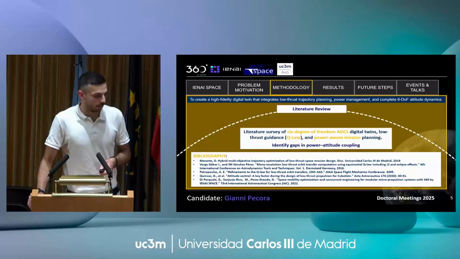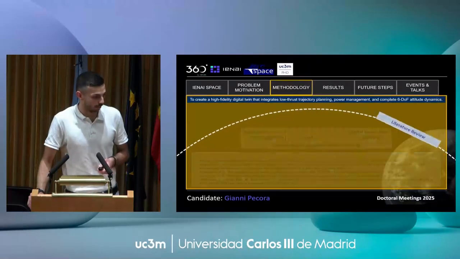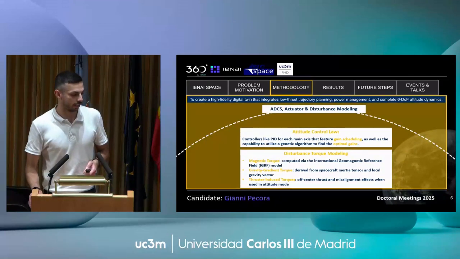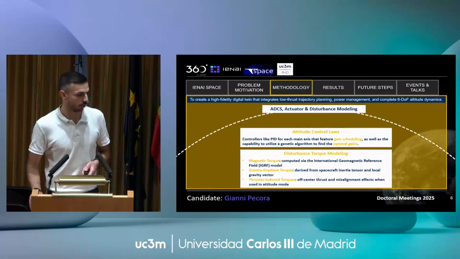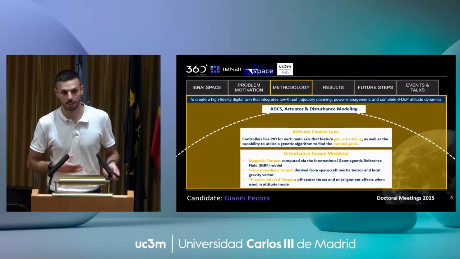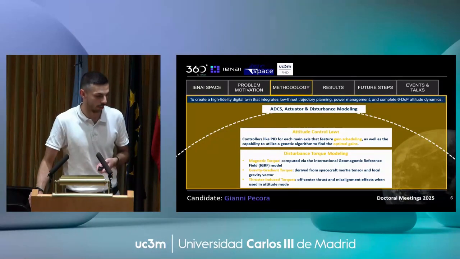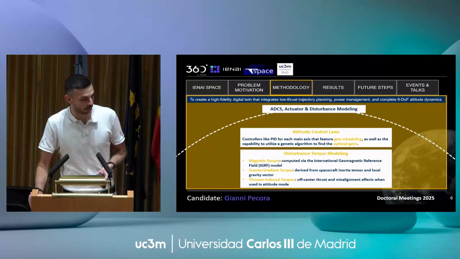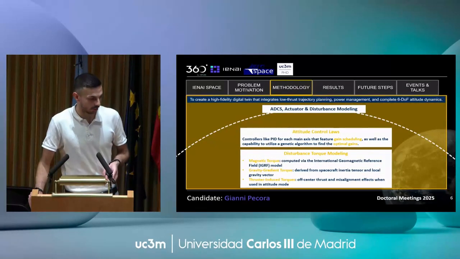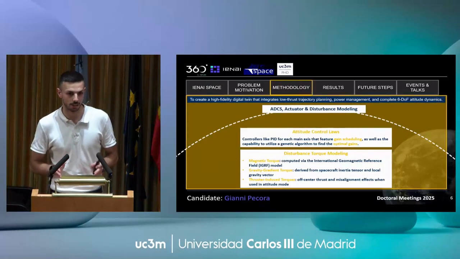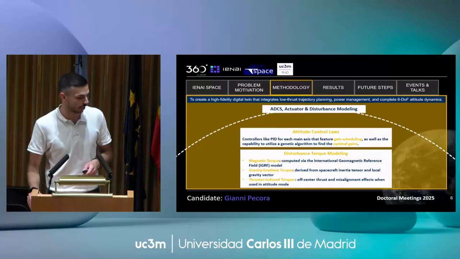In the first part, I start to create the model. So the torque disturbances related to attitude dynamics, such as magnetic torque, gravity gradient torque, and also the torque induced by thrusters when they are not in the center of mass of the satellite.